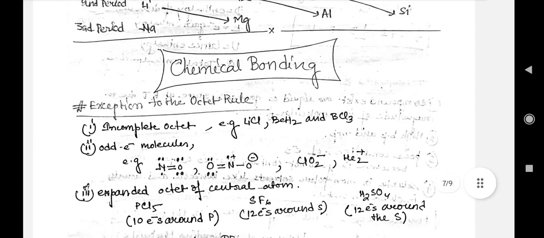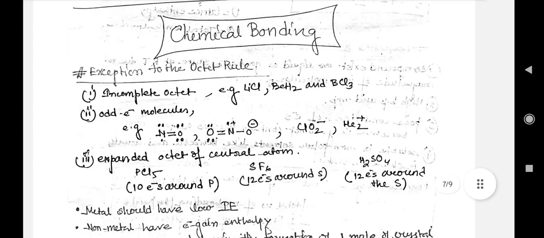You might read that. Then we consider chemical bonding. All atoms have a tendency to acquire their octet configuration for the most stable form. That means the valence shell having 8 electrons.